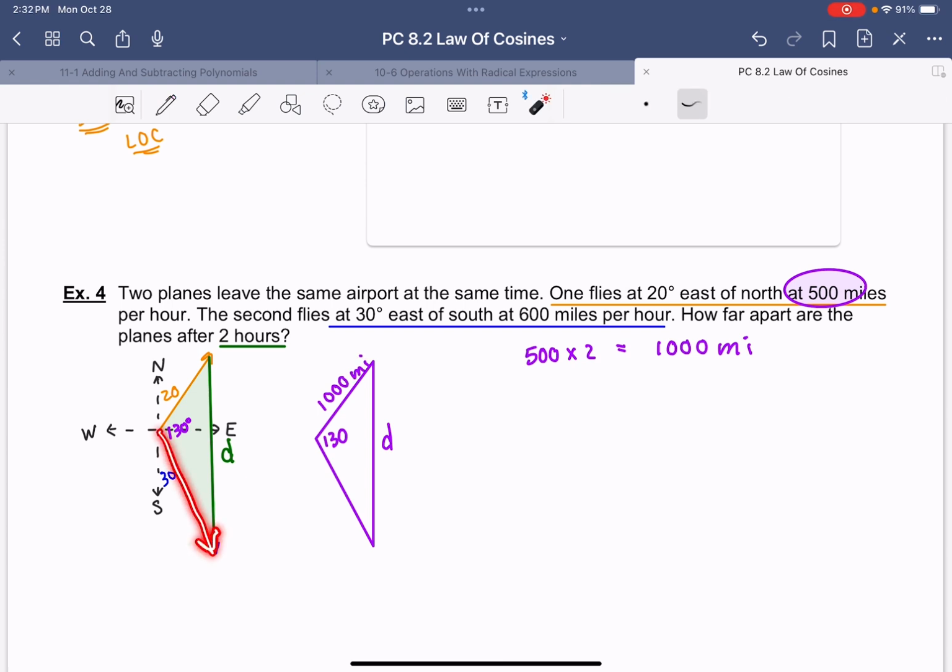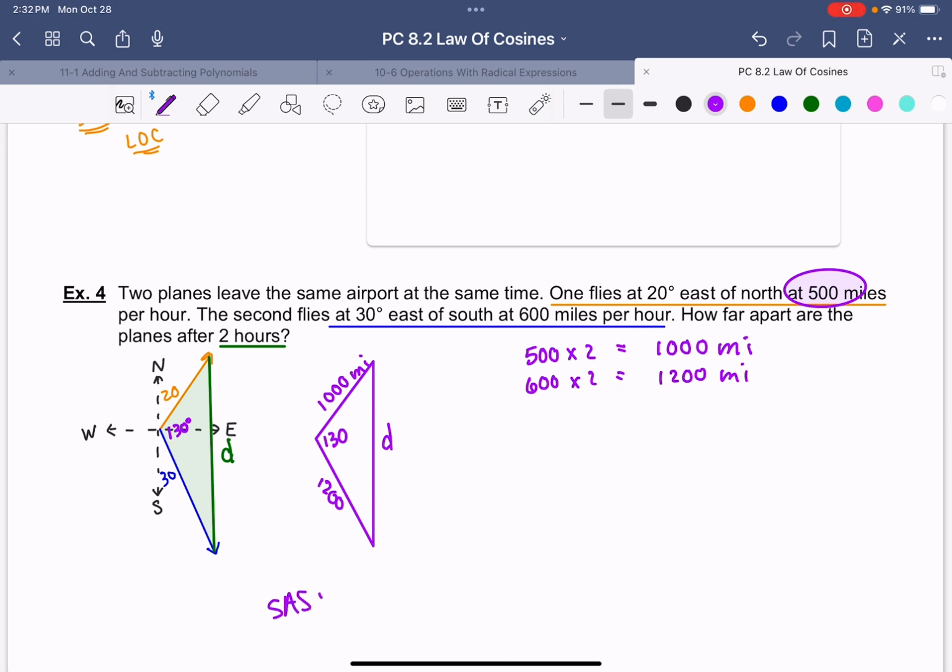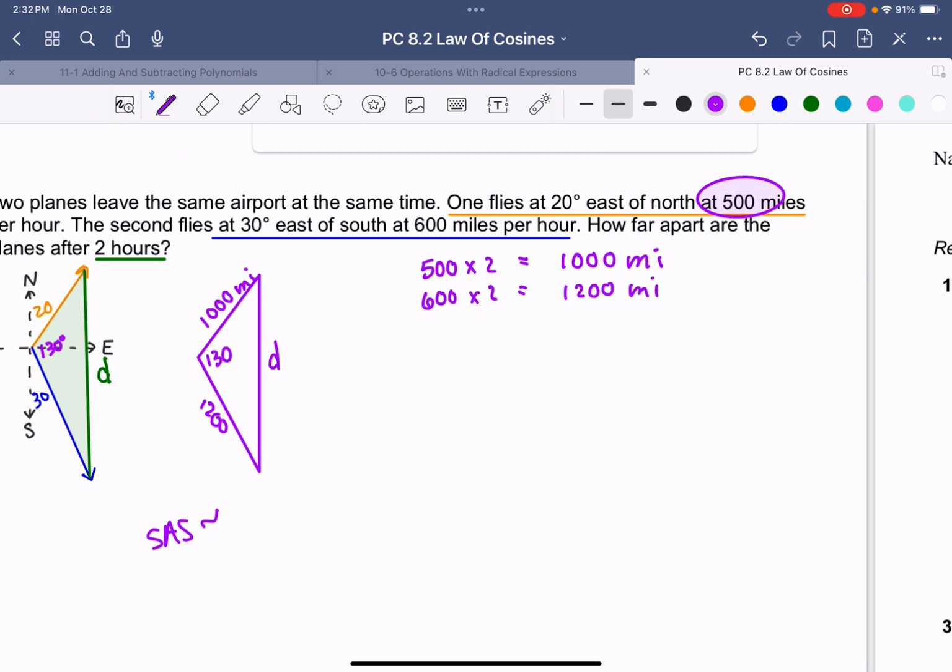Whereas the second plane went 600 miles per hour for 2 hours, so we can take 600 miles per hour times 2 hours. It actually traveled 1,200 miles. So again, we see we have an SAS situation, and we can apply our law of cosines.